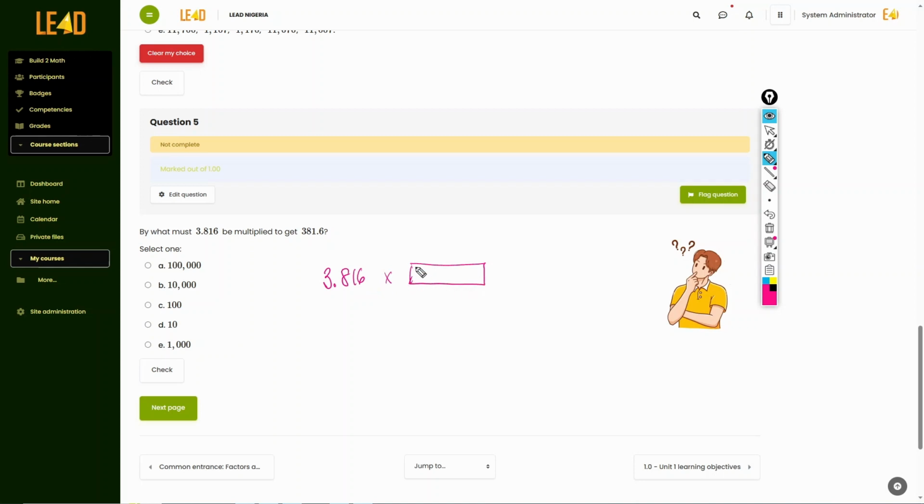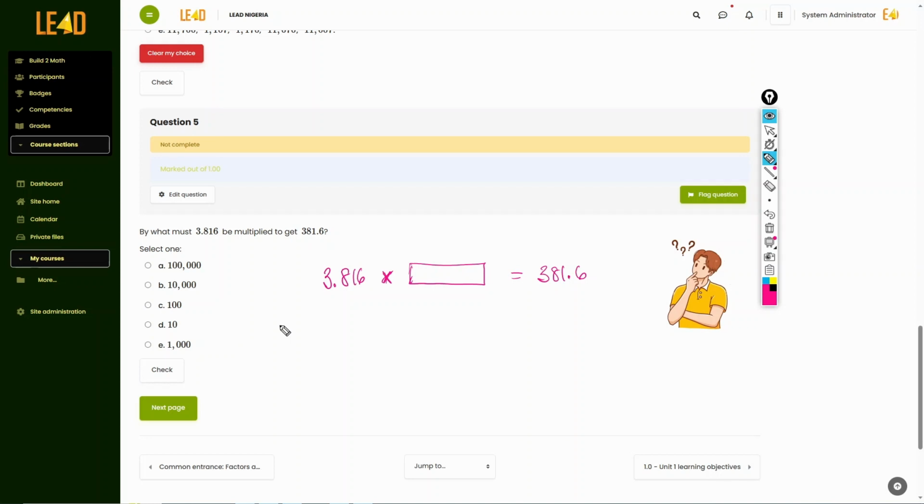So what must we multiply 3.816 by to get 381.6? So this has to be a power of 10. The way multiplication with powers of 10 works is that if you multiply by a power of 10, say 10, 100, 1,000, or 10,000, you can easily do it by moving the decimal point.